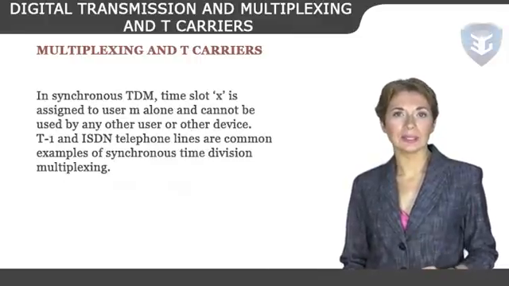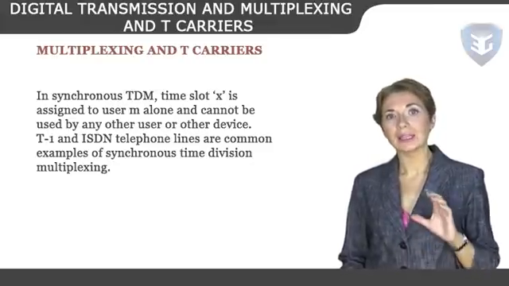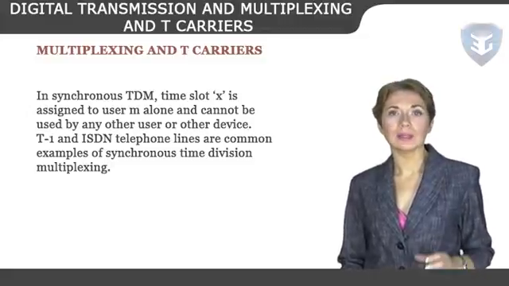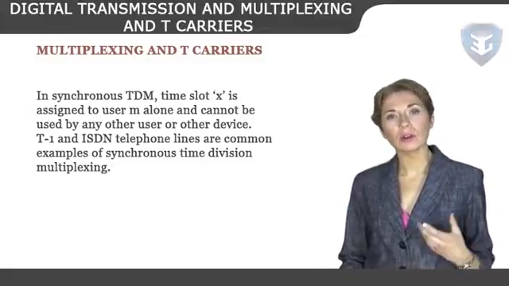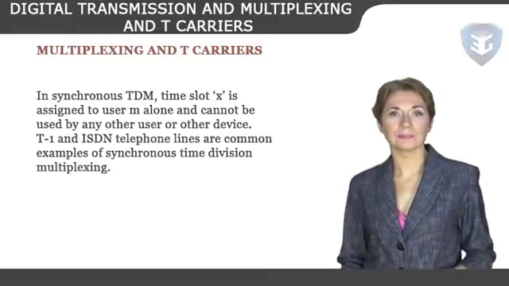In synchronous TDM, time slot X is assigned to user M alone and cannot be used by any other user or device. T1 and ISDN telephone lines are common examples of synchronous time division multiplexing.